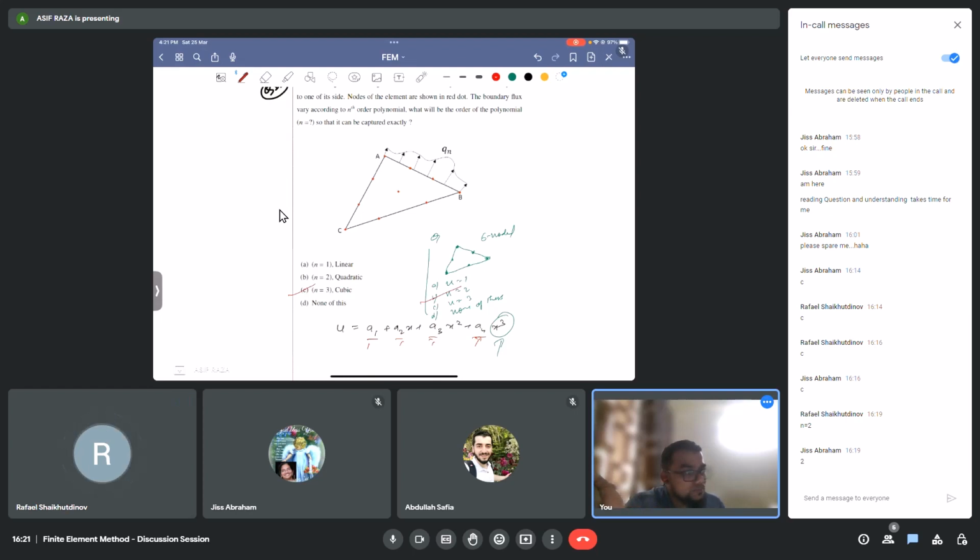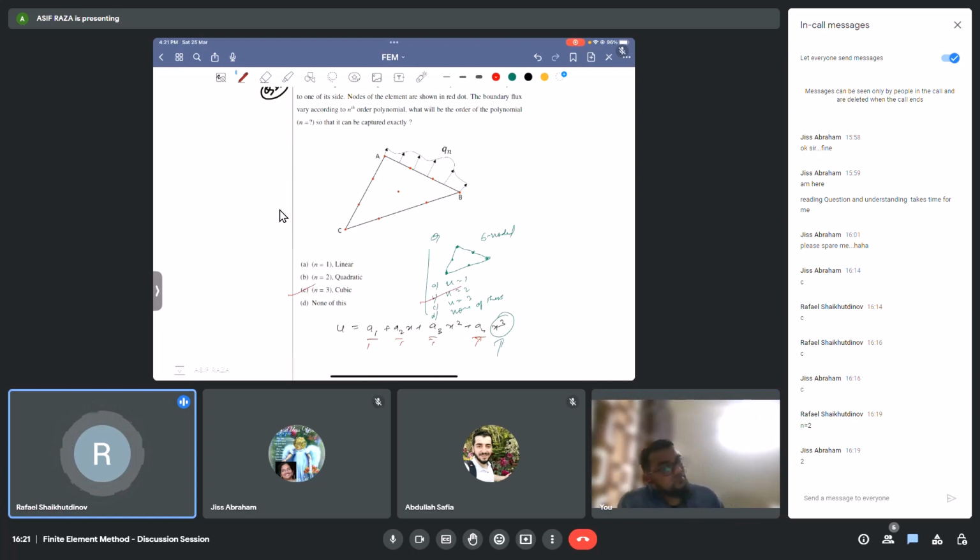I also considered initially like that, but I thought well, if we have a linear element, a linear flux, that will be captured, and we try with four nodes at the boundary.